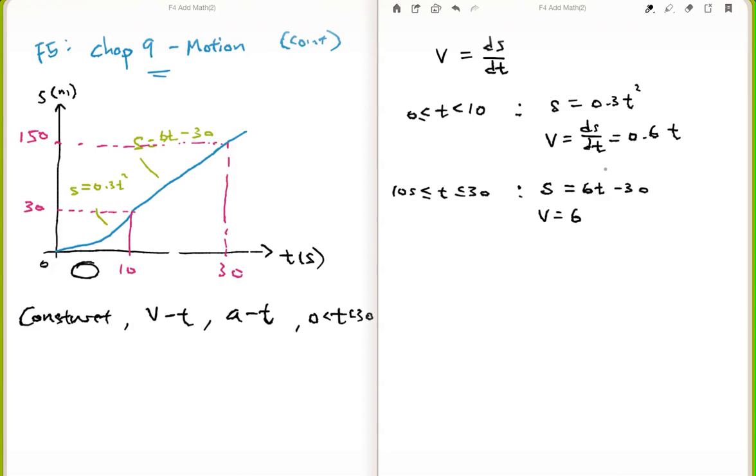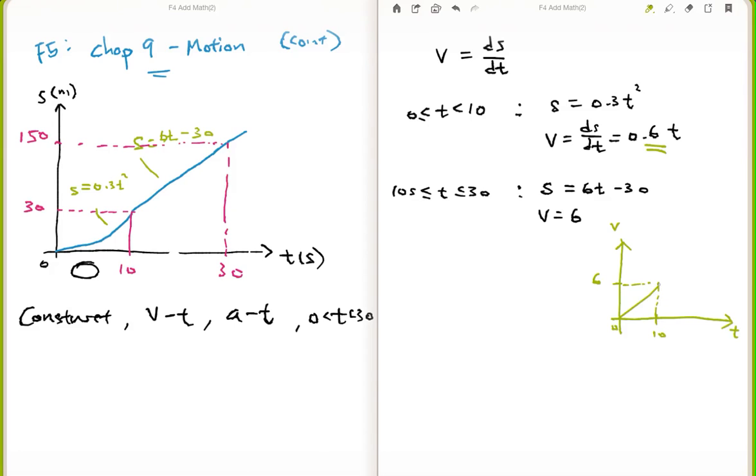How do we plot, or sketch, this graph? I want to construct a graph with positive V against T. From 0 to 10 it's a linear graph, mx plus c, so I would expect that when t is 10, my v is 6, and it will be linear.